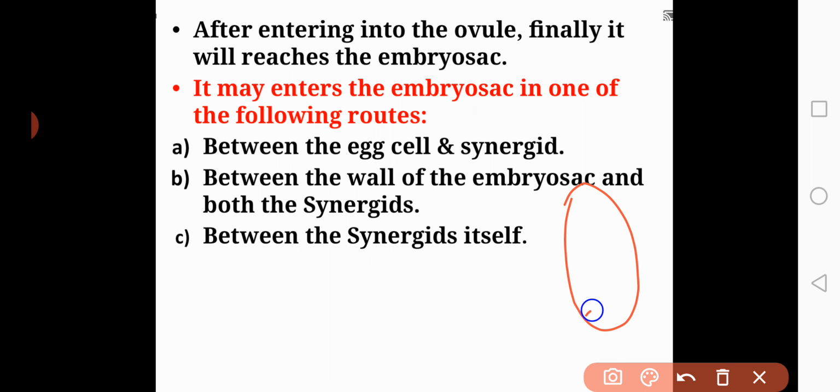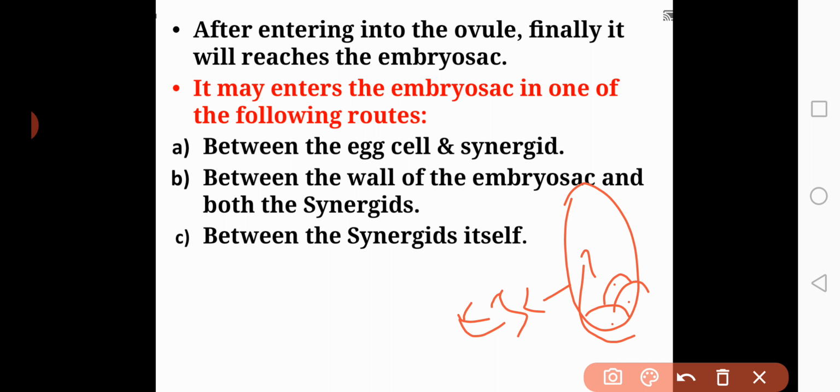So now this is the embryo sac and this is the wall of the embryo sac, and the entry may be between the wall of the embryo sac and the synergid, like this.